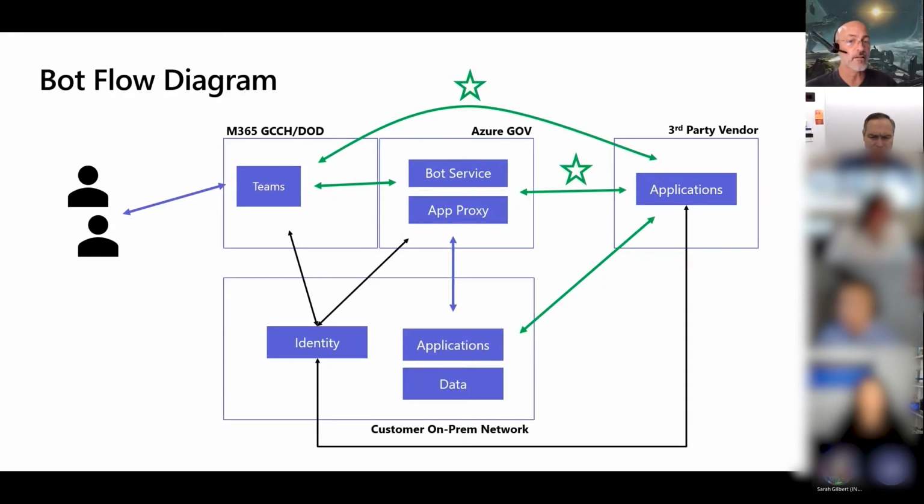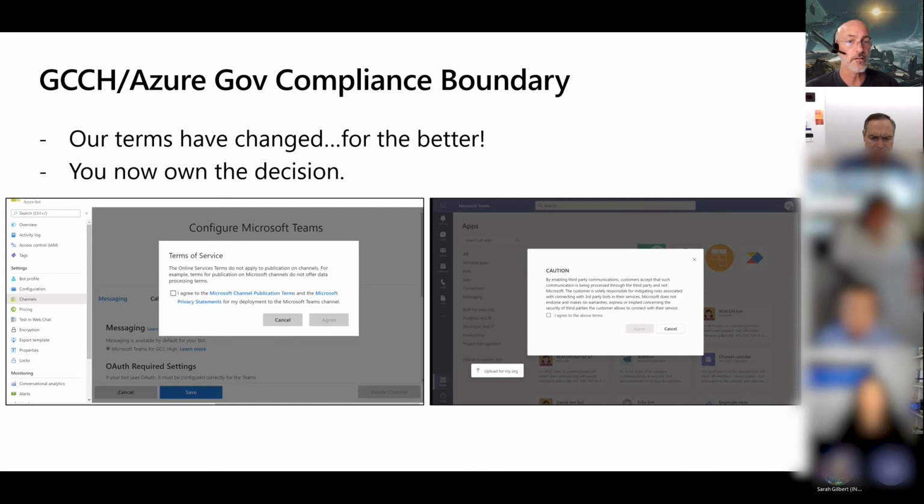And if you go to the next slide, this is why, because we are fundamentally shifting the decision-making power over to you. We want to make that really clear: with just those checkboxes on the left and the right, you will be allowing your applications or your users to access applications outside of what we would have policed in the past.